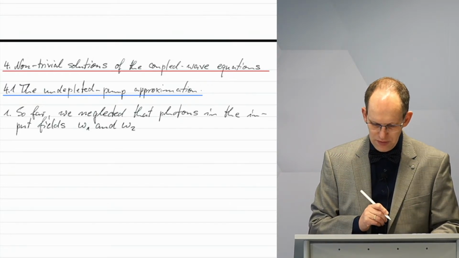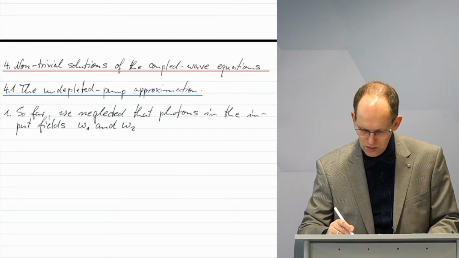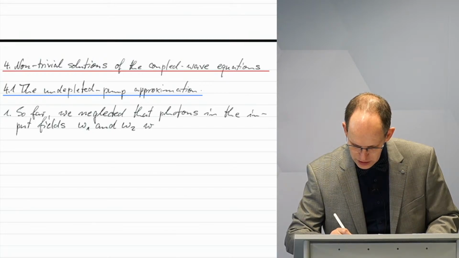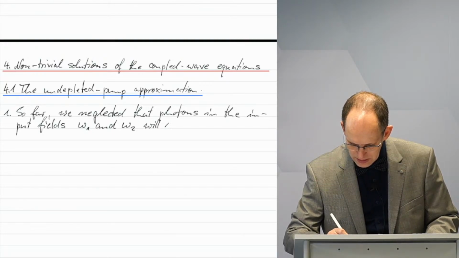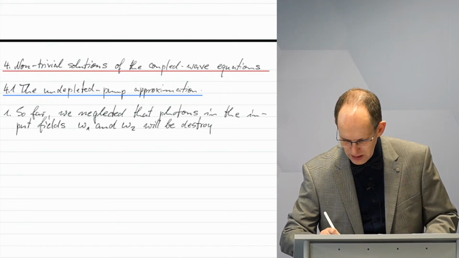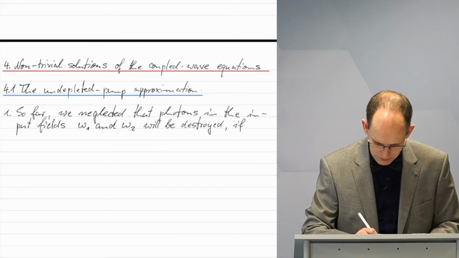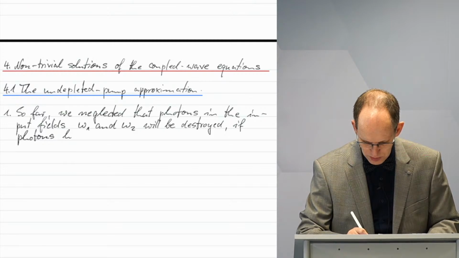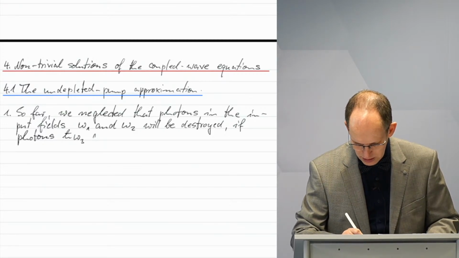In the input fields omega 1 and omega 2 will be destroyed if one photon, or more generally, if photons h bar omega 3 are created.